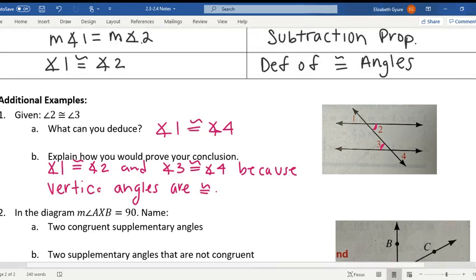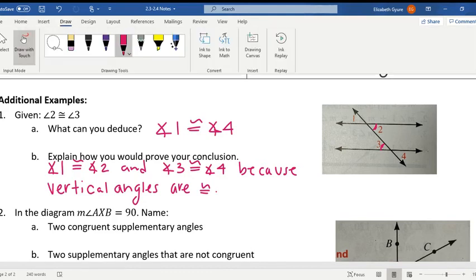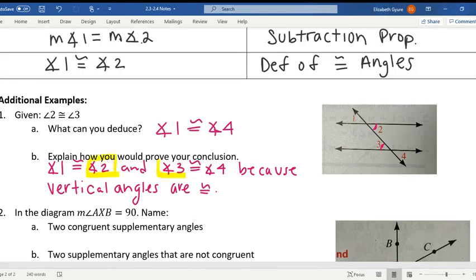So then, if those angles are congruent, and from our given information, we know that angle 2 is also congruent to angle 3. Well, if those two angles are congruent, we can then conclude angle 1 is congruent to angle 4 by the transitive property. Because remember, the transitive property works both for equality and congruence.